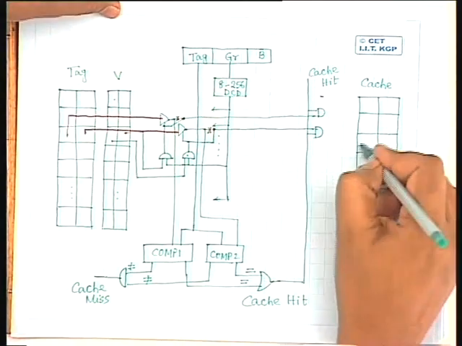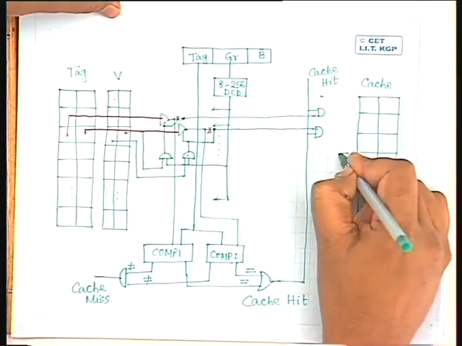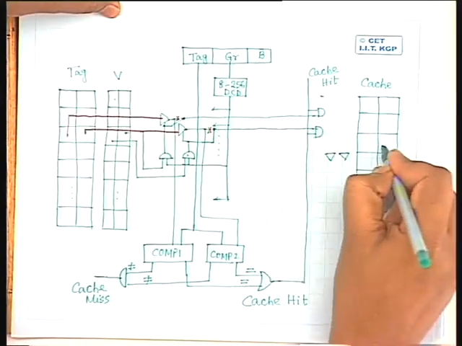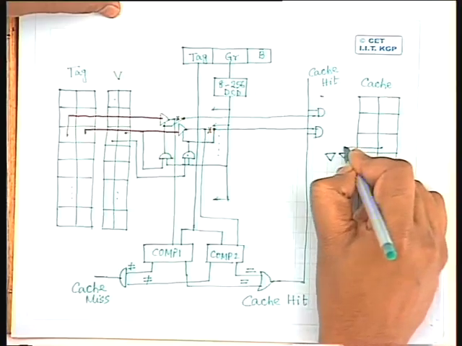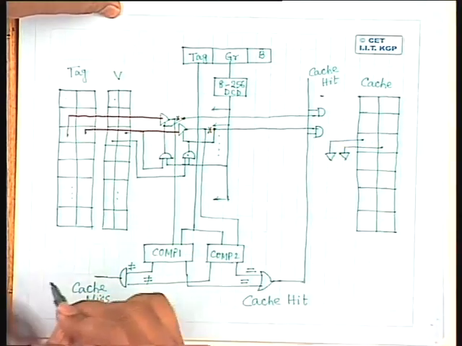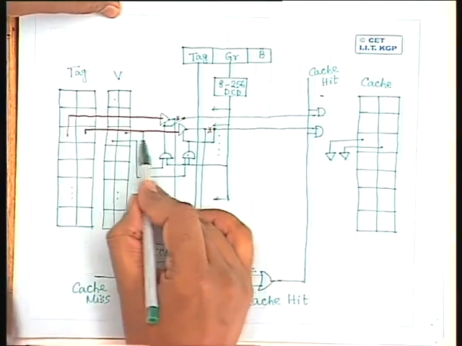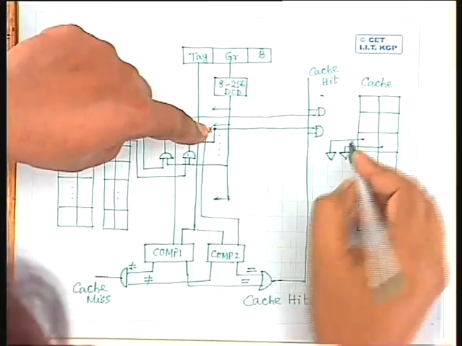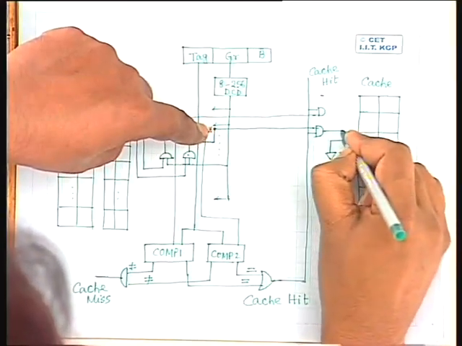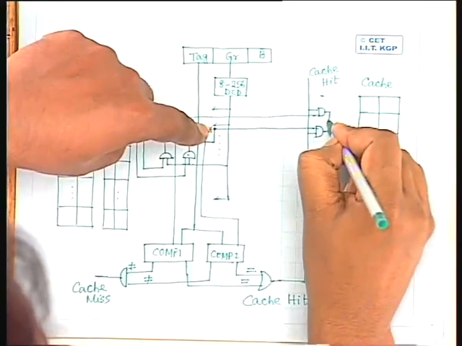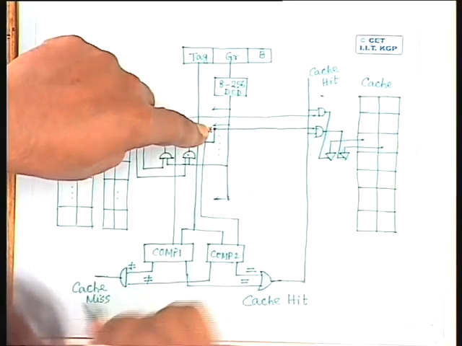In the same manner, I'll have two different buffers. This buffer will get input from this cache line. This buffer will get input from this cache line. Then this will activate this buffer, and this will activate this buffer.